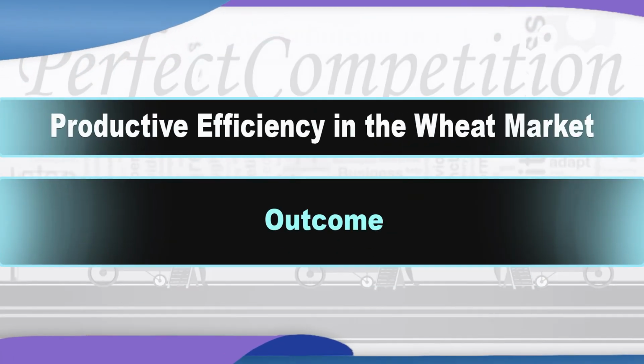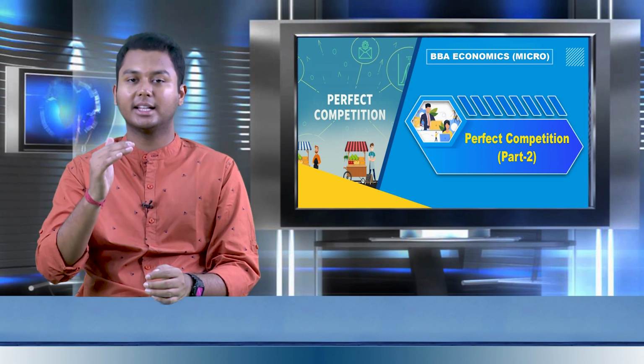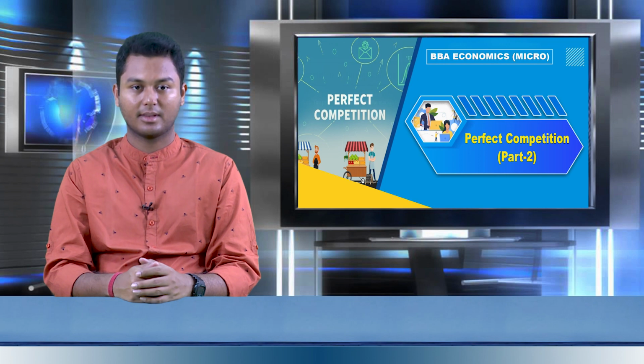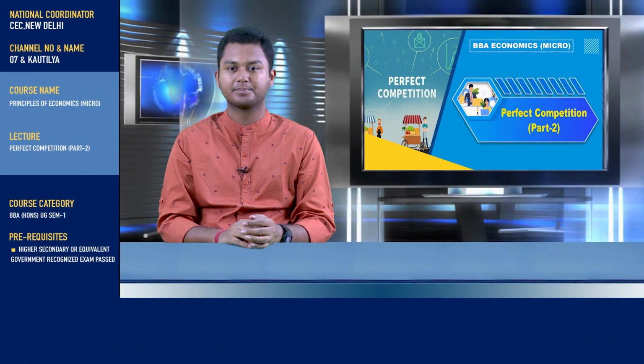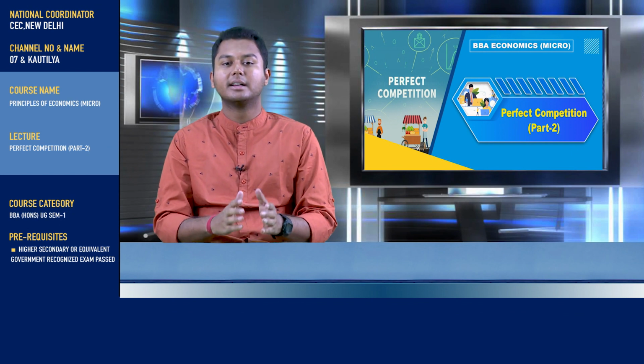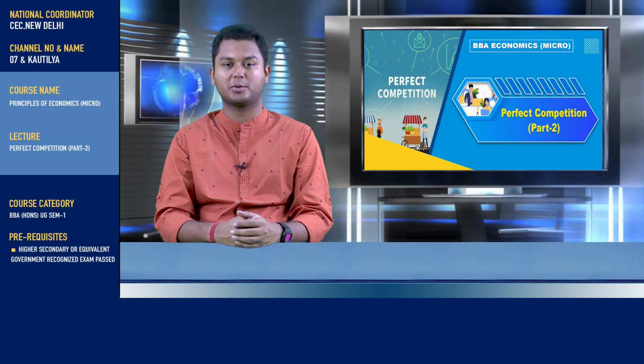So, what is the outcome? Productive efficiency ensures that wheat is produced at the lowest possible cost, which is reflected in lower prices for consumers. This also means that resources are used efficiently with no waste in the production process.